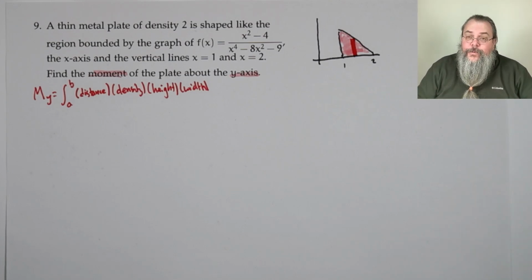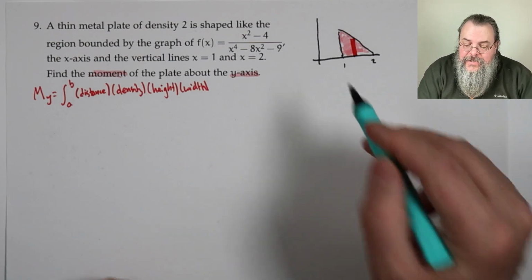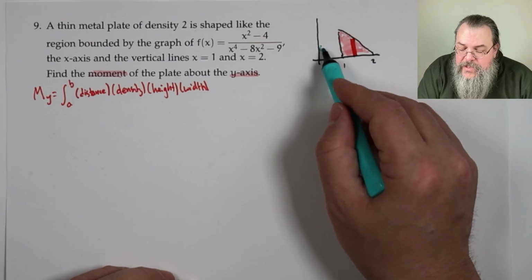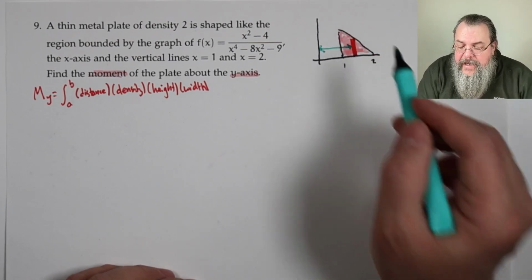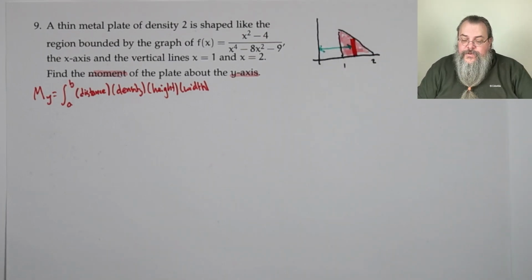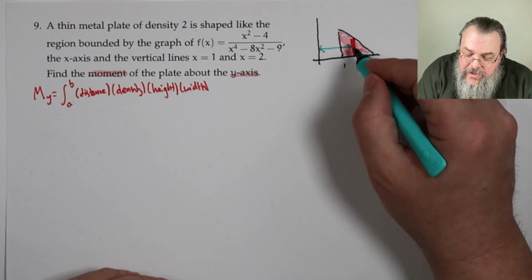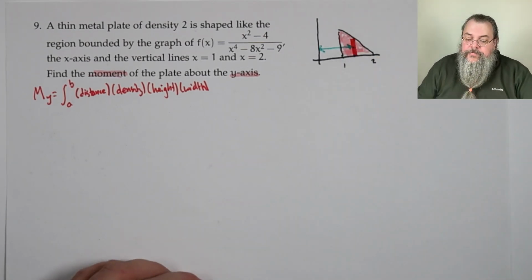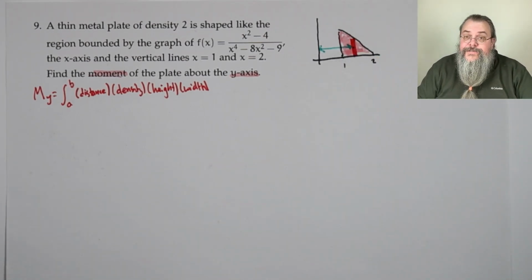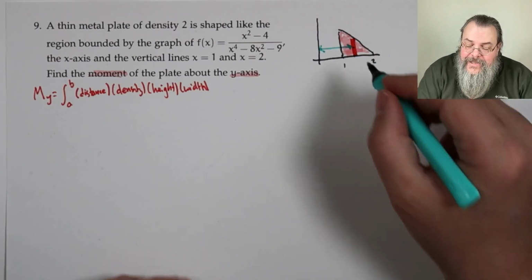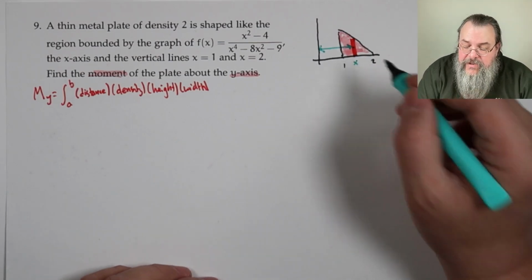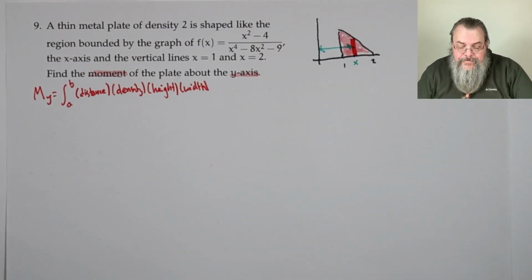Now, y-axis. So the question is, how far is the y-axis to the rectangle, and in particular, to the center of the rectangle? Well, the answer is, it's x. Because when we think of slicing, we're thinking of slicing at a generic location, x.